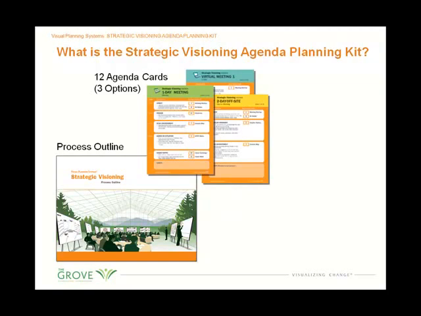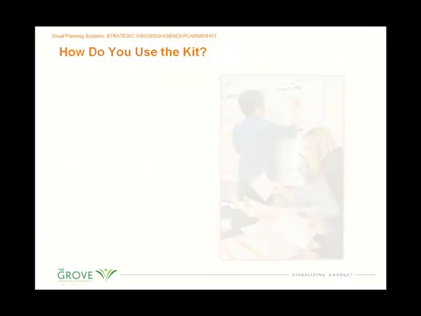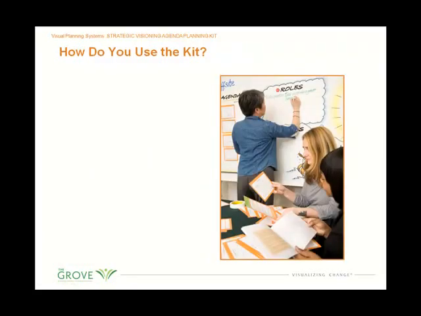And these are the typical ways you would start the process. It also includes 28 best practice cards that are linked to these agenda cards. So you have the ability to literally lay out on a tabletop a visual view of what your meeting plan would be.